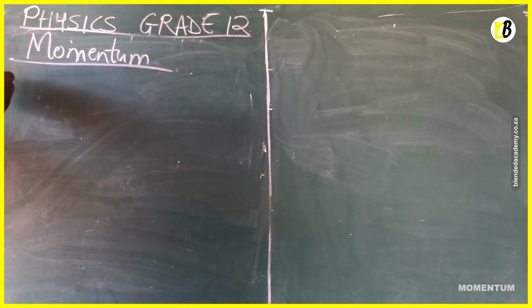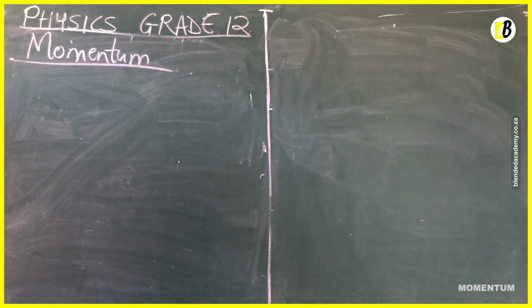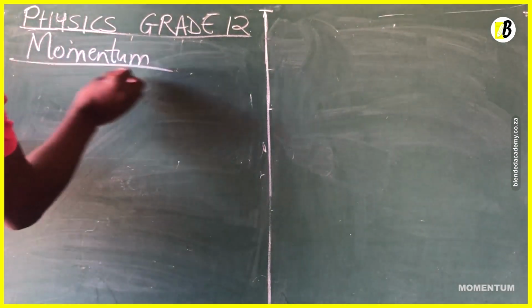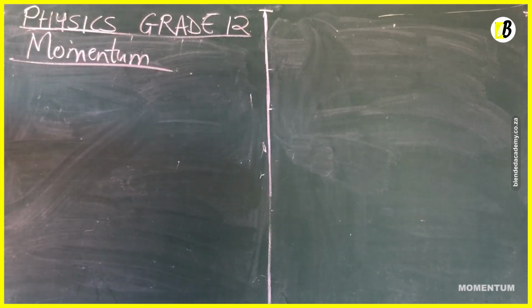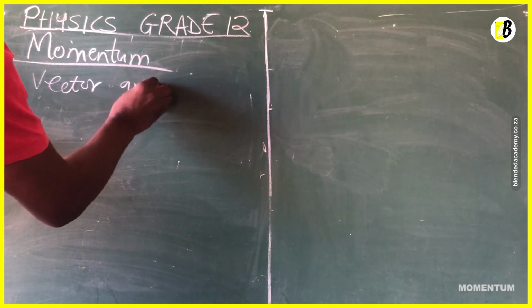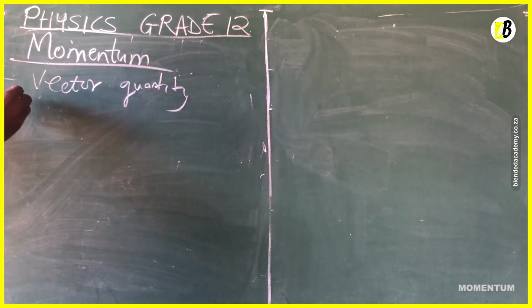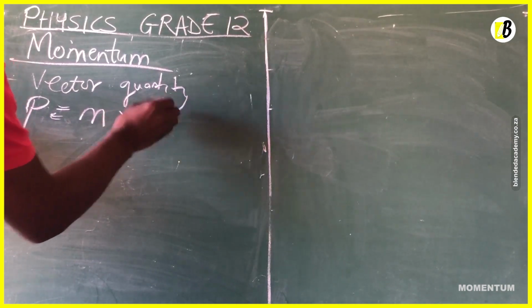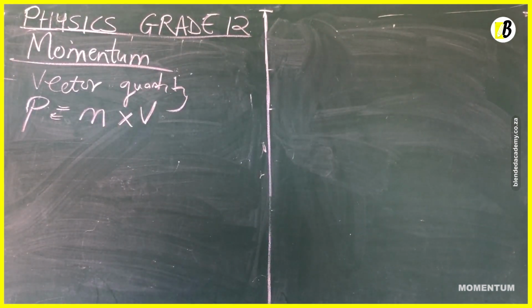For example, if you're given an object moving in the east direction, the momentum of that object will have the same direction as the velocity of the object. You need to be aware of that. It's a vector quantity, and it's given by the formula mass times velocity. That's your momentum right there.